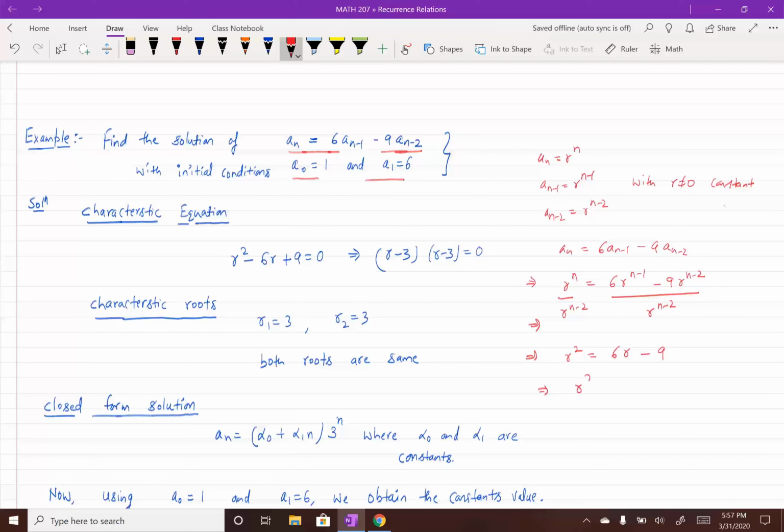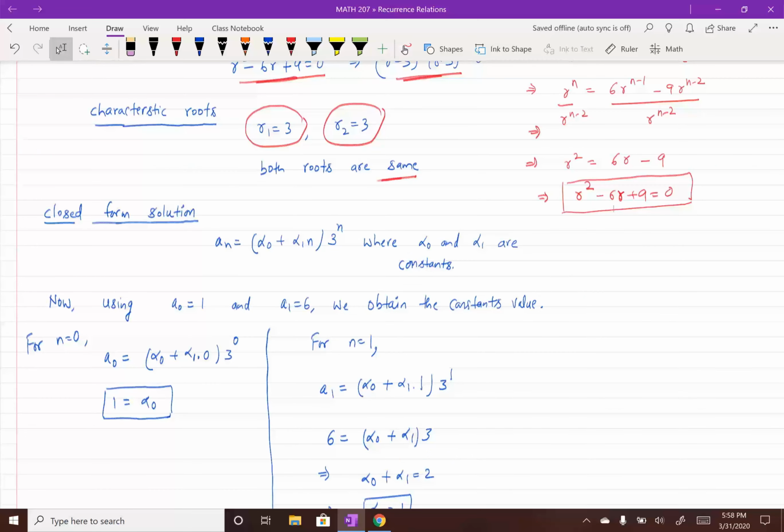If you rewrite, it becomes r squared minus 6r plus 9 equals 0. That is the characteristic equation, which can be written as the product of (r minus 3) times (r minus 3). Setting that equal to 0, the roots of this characteristic equation are both 3, so they are not distinct; they are repeating and the same.